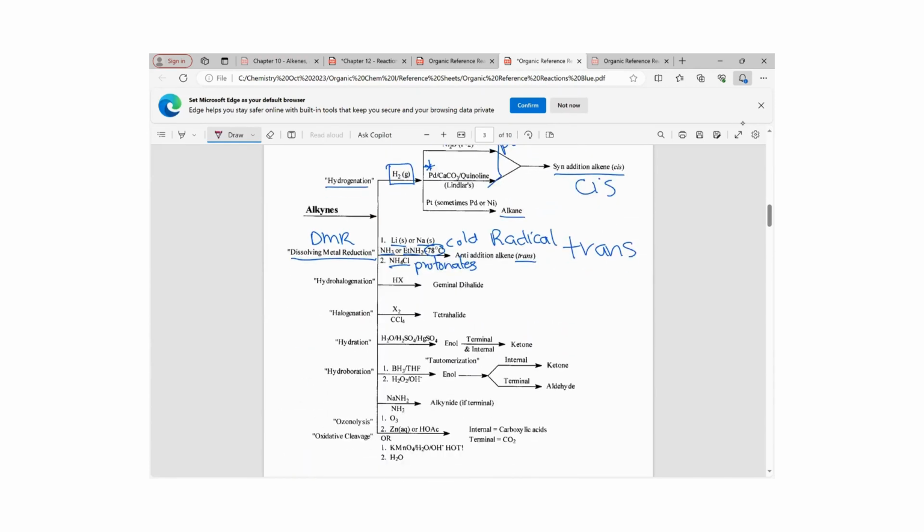Okay, there's only two under the alkynes. So if you'll notice, it's again just HX. So that puts on H's and X's, called hydrohalogenation. This one just puts on X's, but we haven't done that one yet. Okay, so we're dealing with this one. Hydrohalogenation will give you a geminal dihalide, a geminal dihalide.